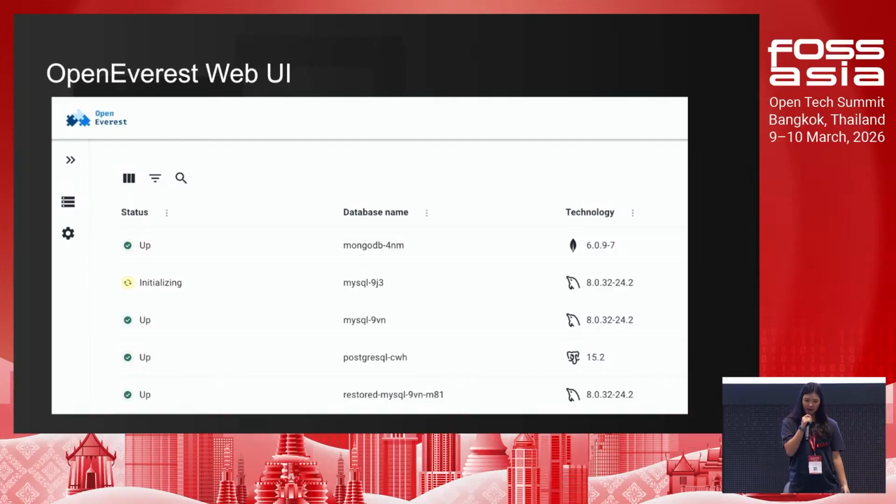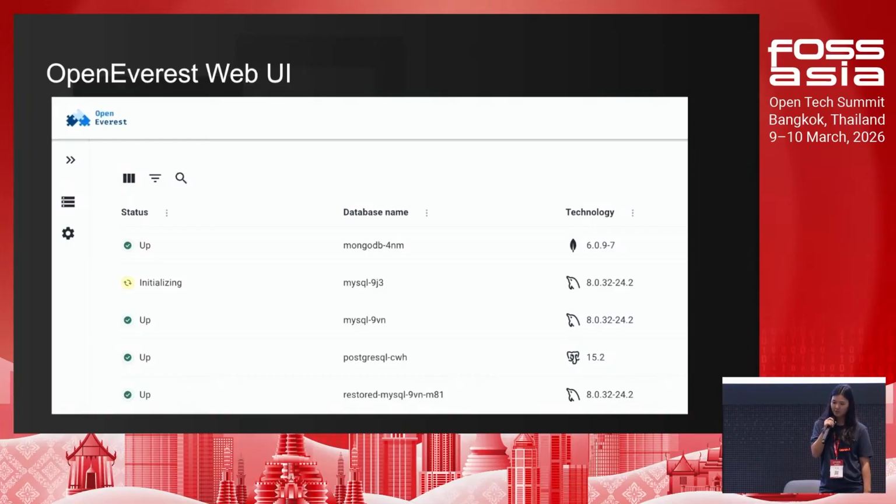Even though I just described how custom resources are handled in OpenEverest, for most of our users, you don't even need to know about custom resources at all, because OpenEverest has a web UI where you can use a few clicks to provision and manage database instances, and you can see what databases you have.